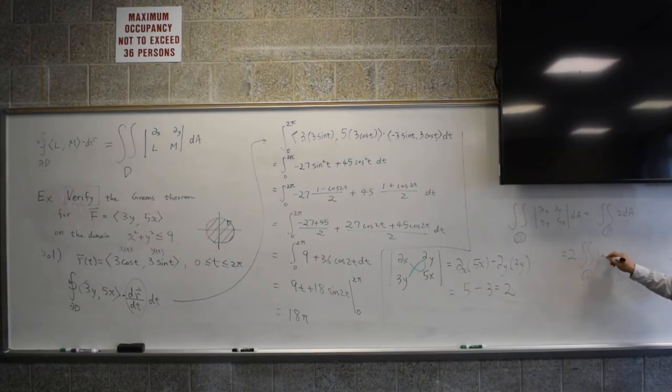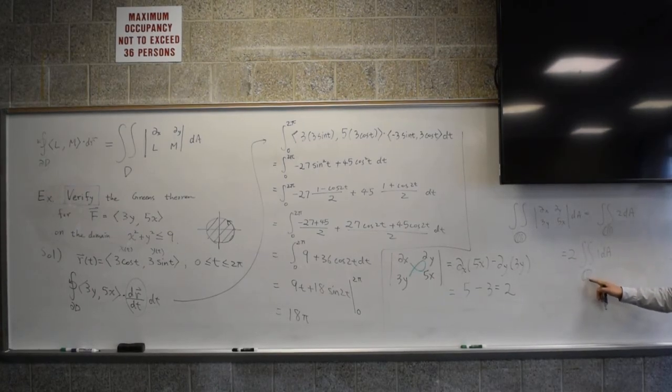Now, what do you get if you integrate 1 over the region? What does this give you? If you integrate 1 over any region, it gives you the area of the domain.